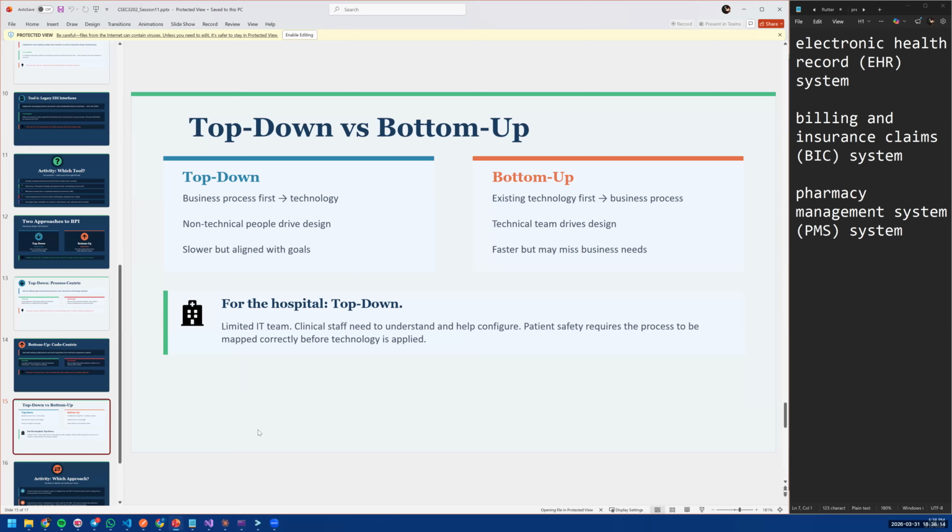So because it is a case where we need to have a solid plan before implementing, because it is a hospital, it would be best for us to go with the top-down approach first.